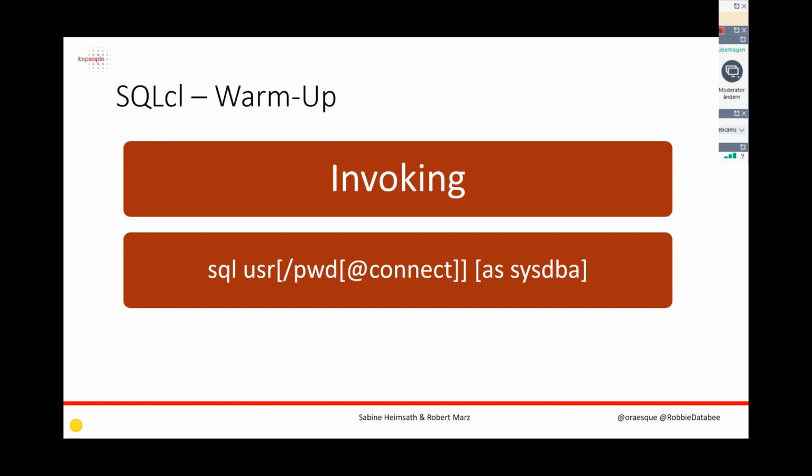You can also have the password afterwards, a connect string, and have sysdba if needed. SQLcl understands the easy connect syntax, so there's no need to have a TNS names file, for instance. You can just type the host name, the SID, port, and so on to invoke it. So it's actually become easier than using SQL*Plus. You need fewer characters.